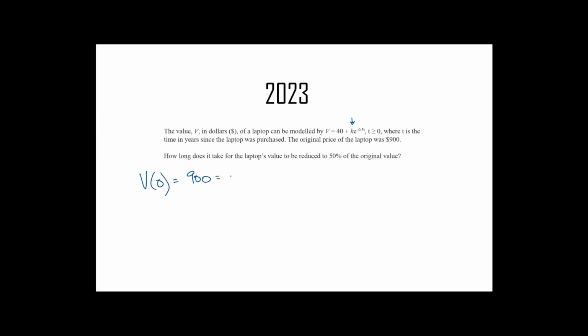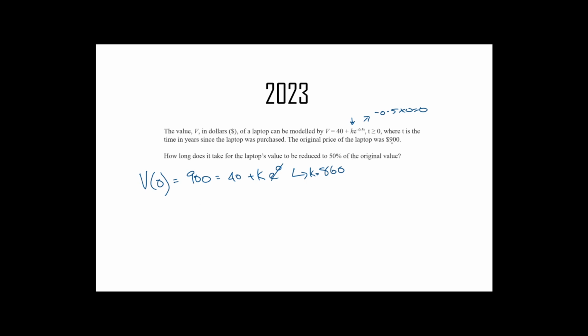That means 900 is 40 plus K e to the 0, because negative 0.5 times 0 is 0, and e to the 0 is just 1. Therefore K must be 900 minus 40, which is 860. So that's K done.